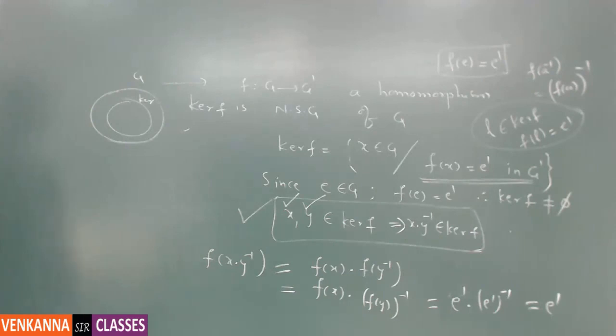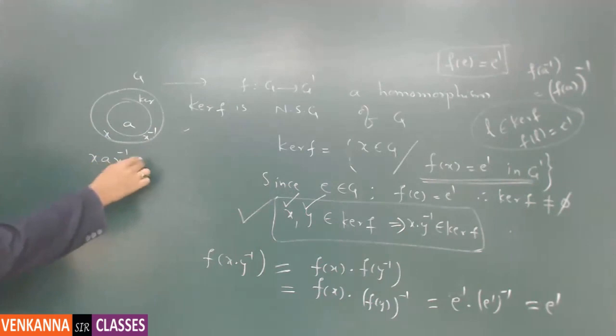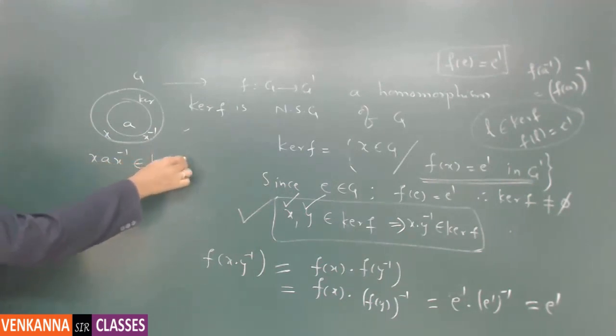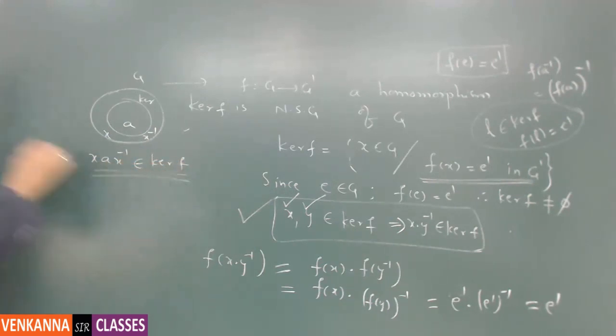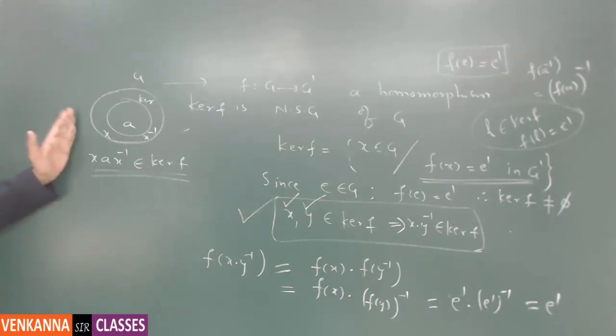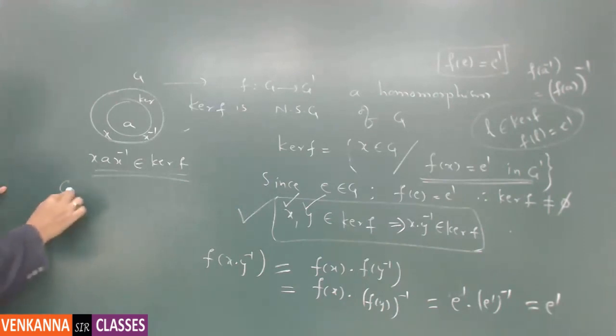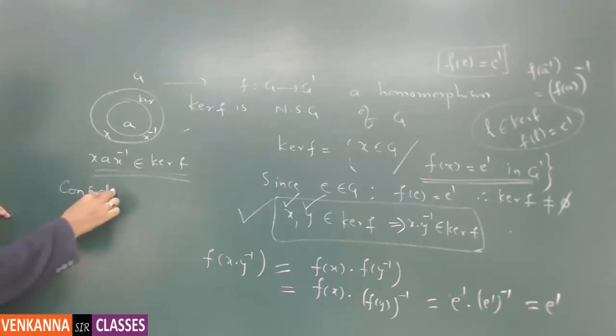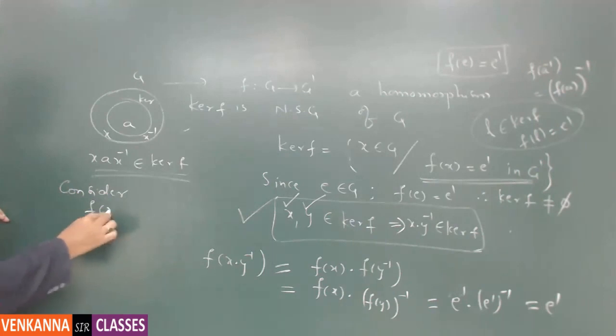What I have to show is, if I take any element a here and x inverse in the group, I have to prove that x a x inverse belongs to the kernel. If I have shown this, it becomes the normal subgroup. So for this, you consider f of x a x inverse.